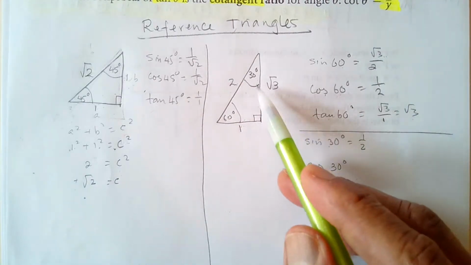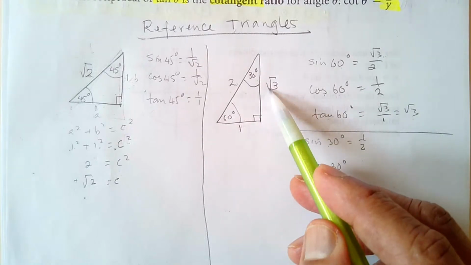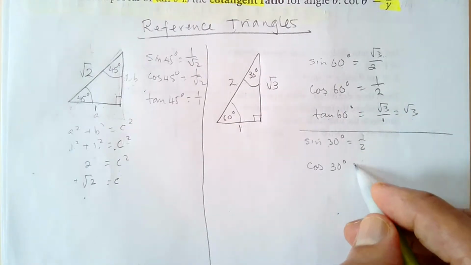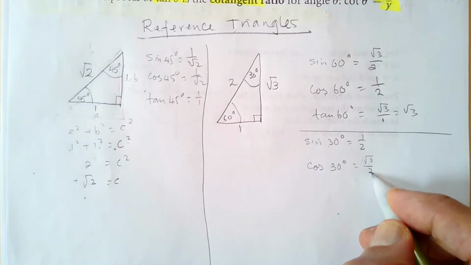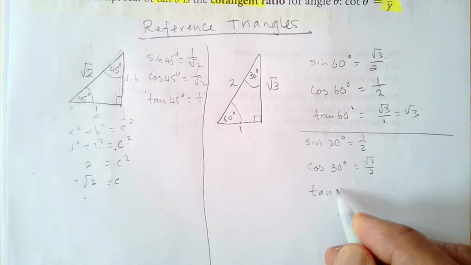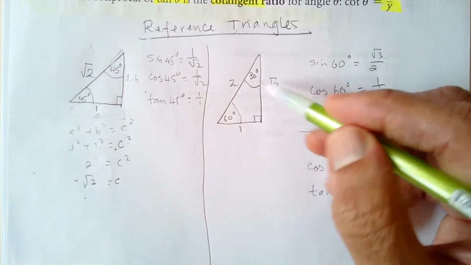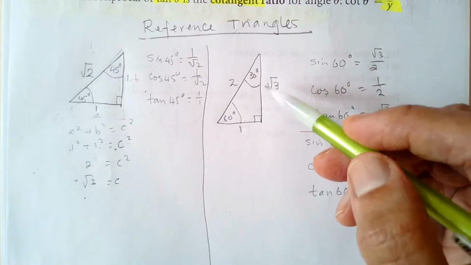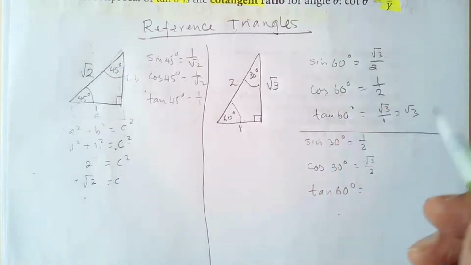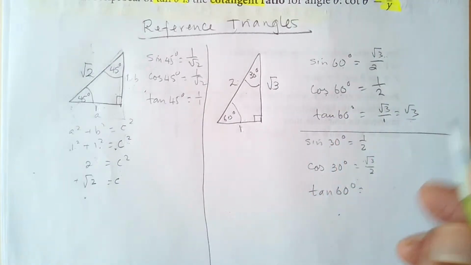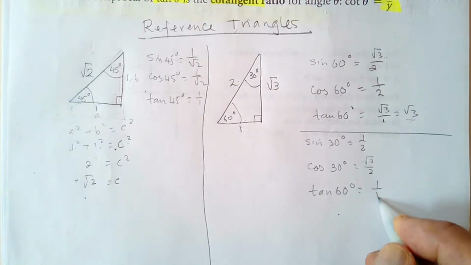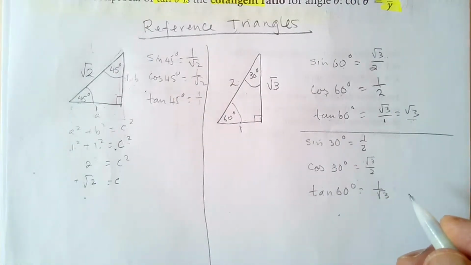So cos 30 degrees is root 3 over 2. And tan 30 degrees will be the reverse of root 3, which is 1 over root 3.